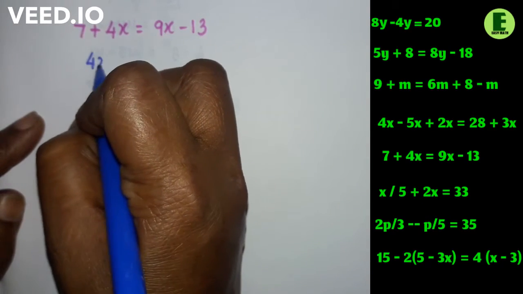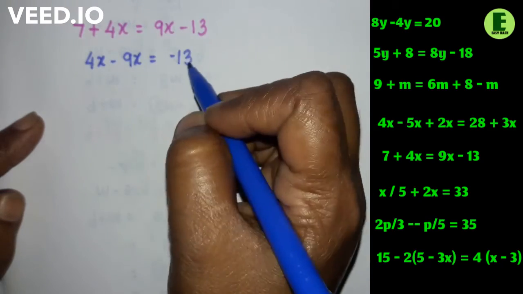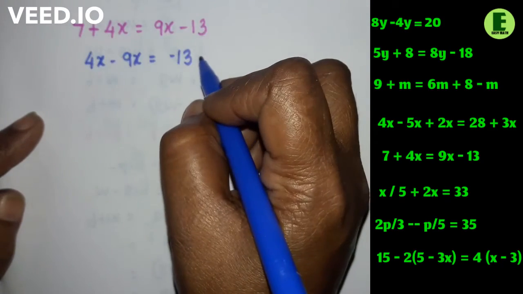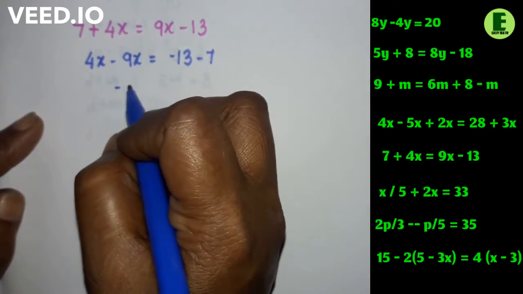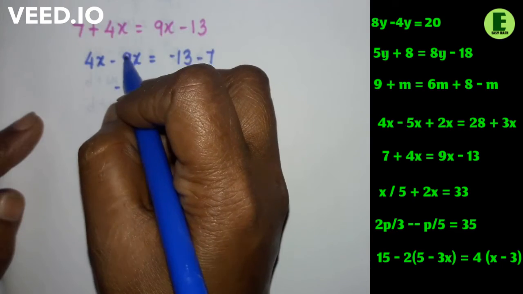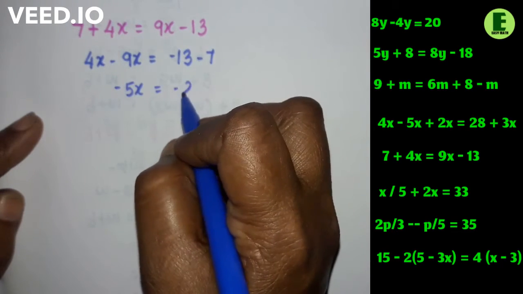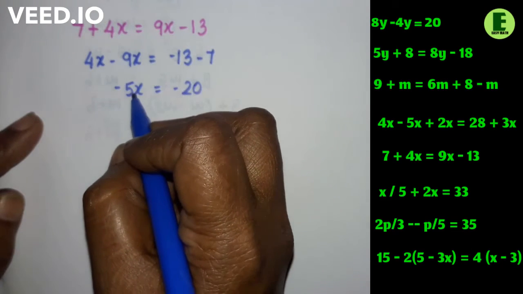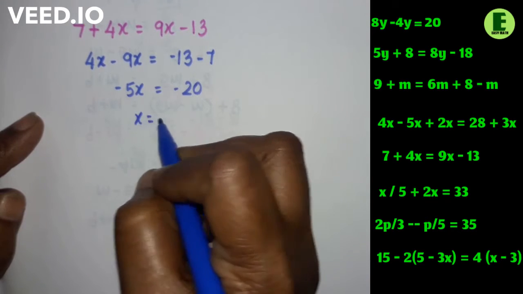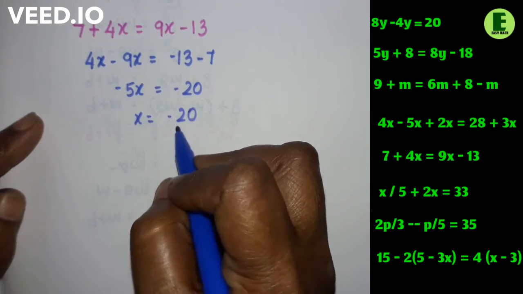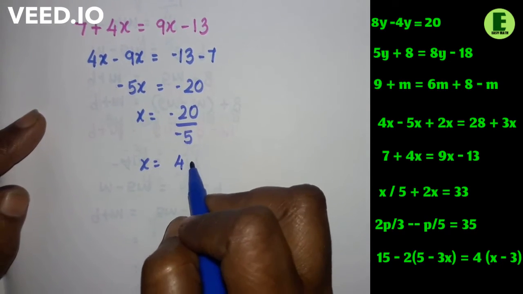So we have 4x minus 9x is equal to minus 13, and 7 will transpose to the right hand side, so it becomes minus 7. 4x minus 9x is minus 5x because 9 is greater, is equal to minus 13 minus 7, which is minus 20. Now 5 is under multiplication, so on transposing 5 will become under division. So minus 20 by minus 5, so x is equal to 4.